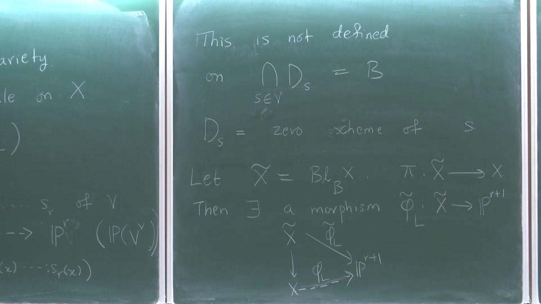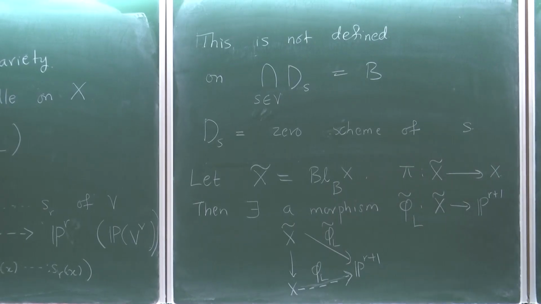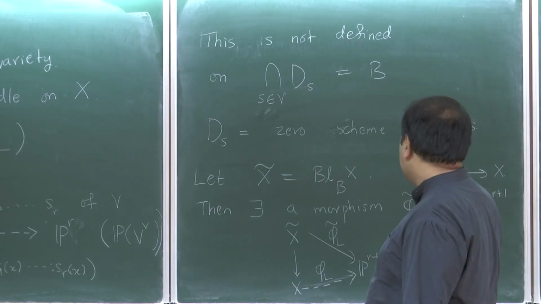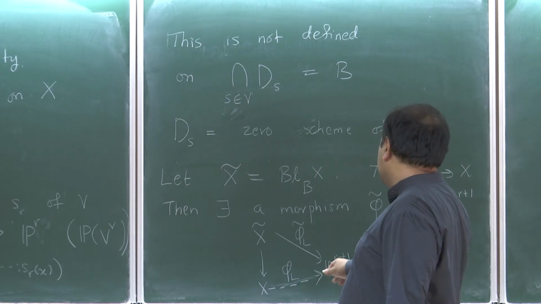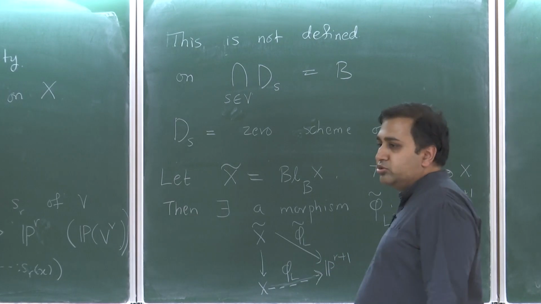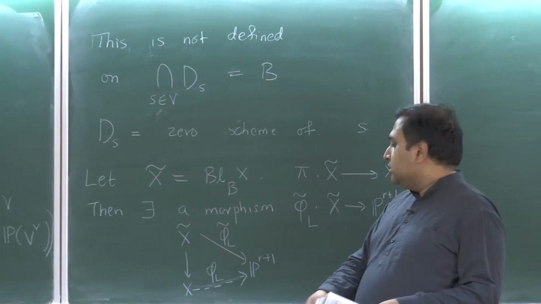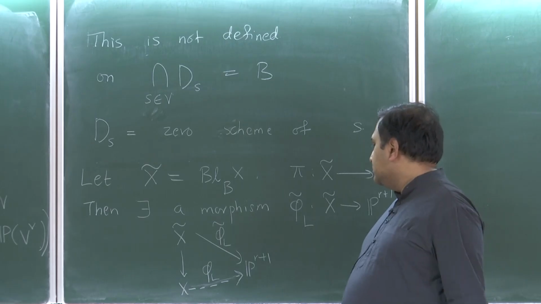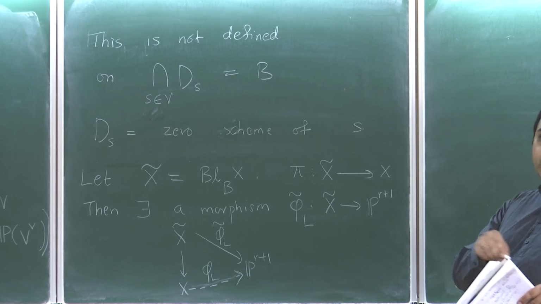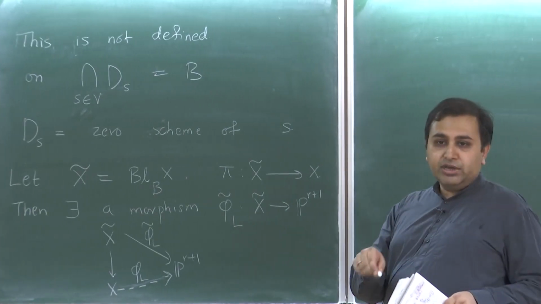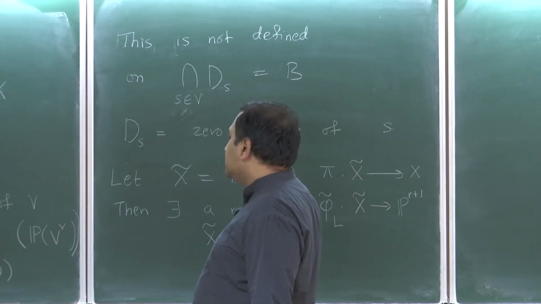One comment about why this is possible. Whenever you have a rational map into projective space defined on a smooth curve, you can always complete it, because the local ring at the point where it is not defined is a DVR. But that is something you cannot do in this situation.